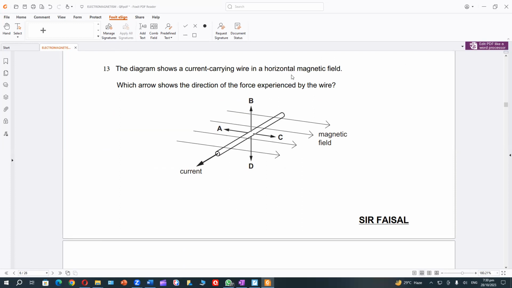You have suggested C and B. The second one is B. Current is coming out of the page. Magnetic field is in this direction.